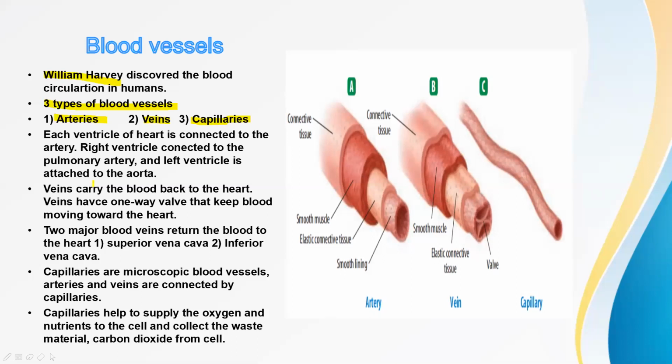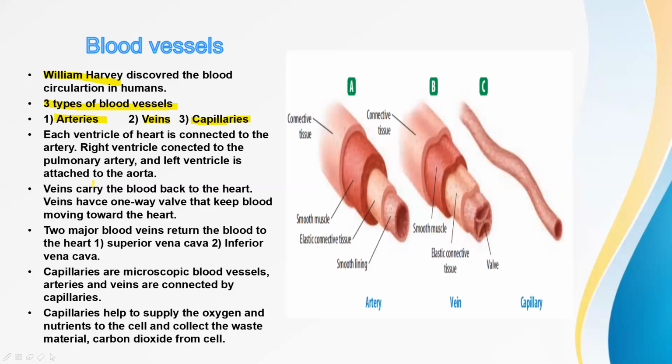When the heart pumps, this oxygenated blood enters directly into the arteries. Later, from the arteries, this oxygenated blood enters into the capillaries. Through these capillaries, this oxygenated blood enters the cells, every part of your body.